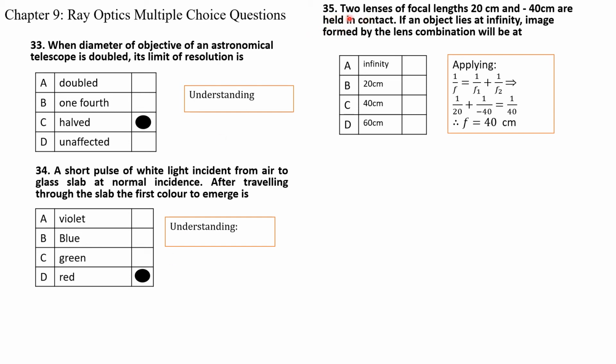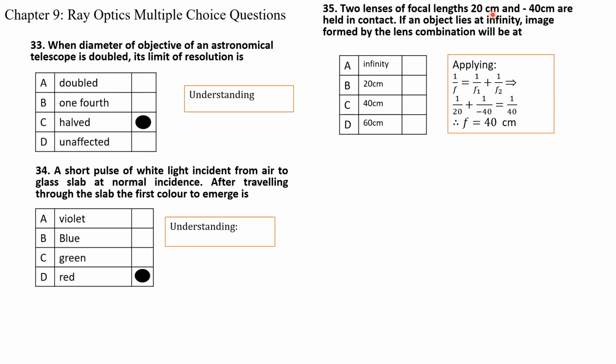Question number 35. Two lenses of focal length 20 centimeters and minus 40 centimeters are held in contact. If the object lies at infinity, the image formed by the lens combination will be. So, two focal lengths are given.